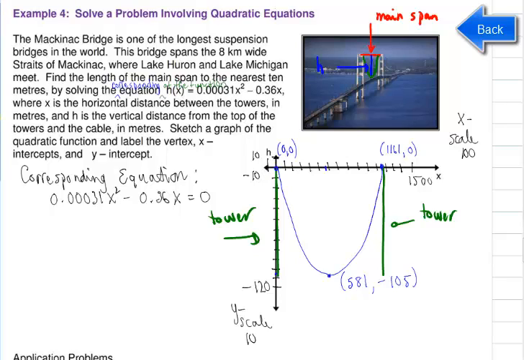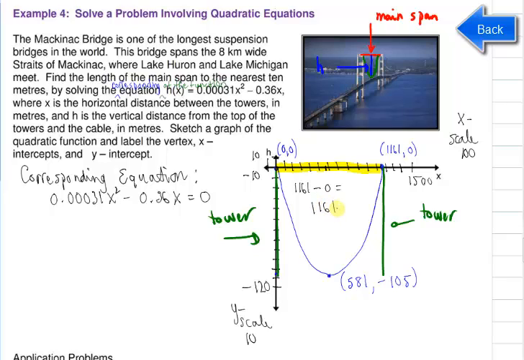So what we want to know is, what is the distance of the main span? So that means from the top of one tower to the top of the other tower. So that means along the x-axis here. So we want to know that distance. So we need to take the difference between our first x-intercept, which is 0, and our second x-intercept, and we get 1,161.